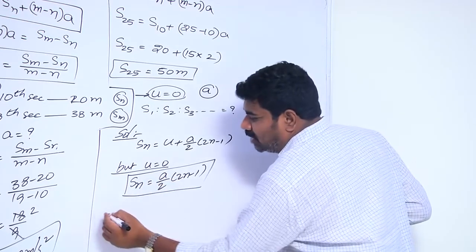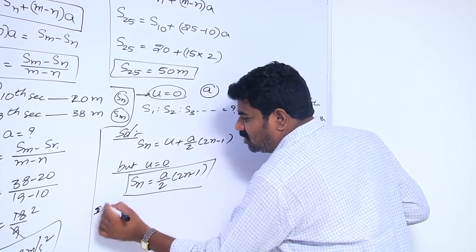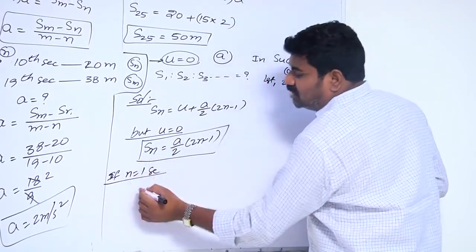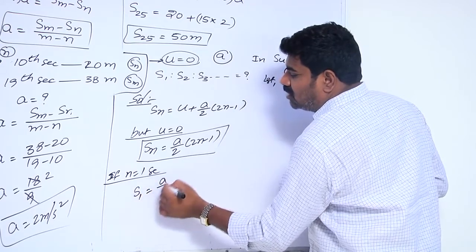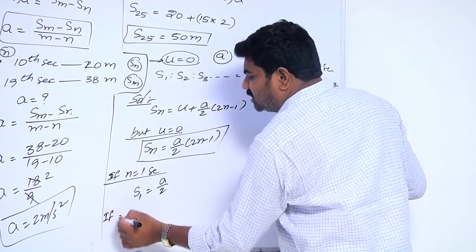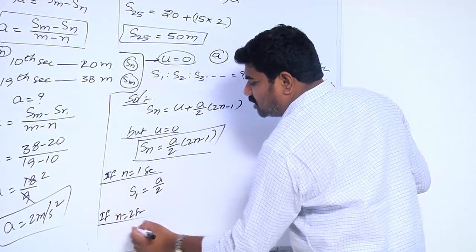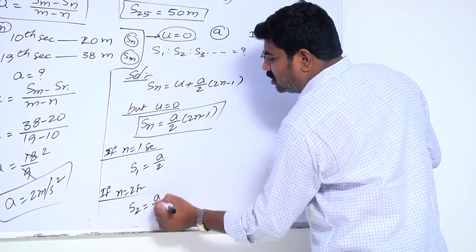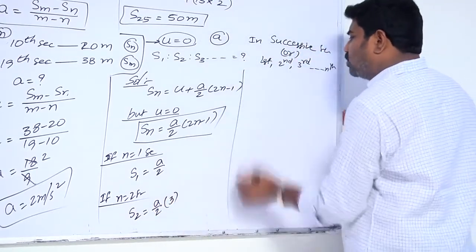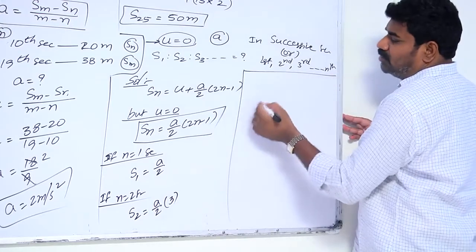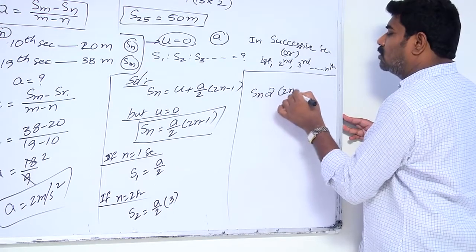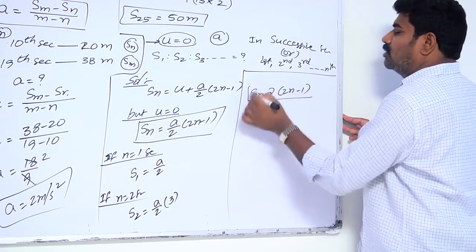Here, if n is equal to 1 second, S1 is equal to a by 2. And if n is equal to 2 seconds, S2 is equal to a by 2 into (4 minus 1), that is 3, and so on. So Sn is proportional to 2n minus 1.